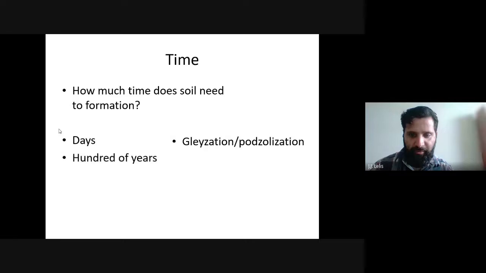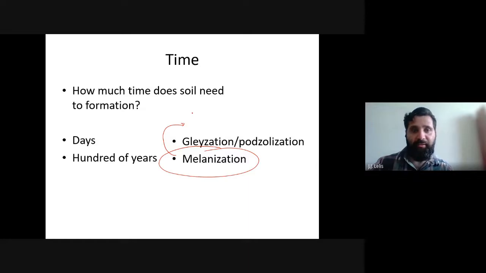We can also find some processes that need some hundreds of years, like melanization, the formation of a horizon that presents a dark color because organic matter is being decomposed. So the formation of this horizon needs some hundreds of years, okay? It's not as fast as the formation of a clay horizon or spodic horizon, okay?